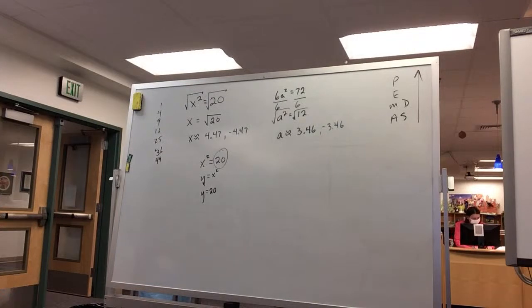So once you have that graph, oh no, you're going to change the number. You can always just go to zoom and then select the standard. Now you need to plug in your y equals 20. Go back to line.